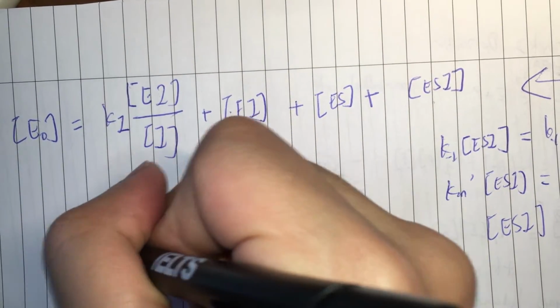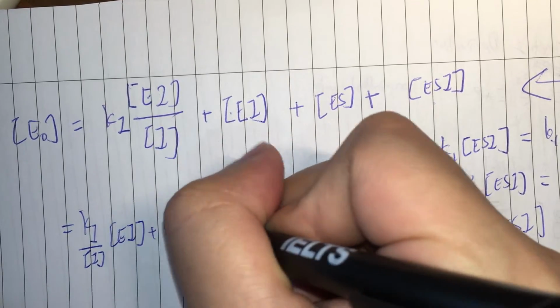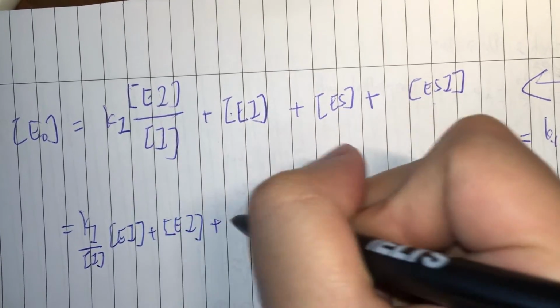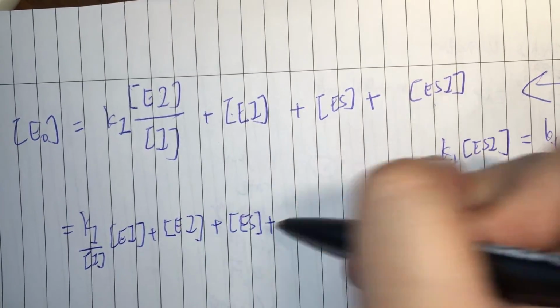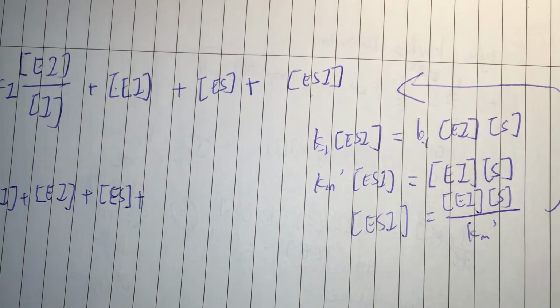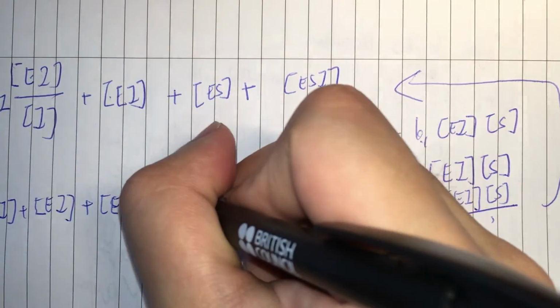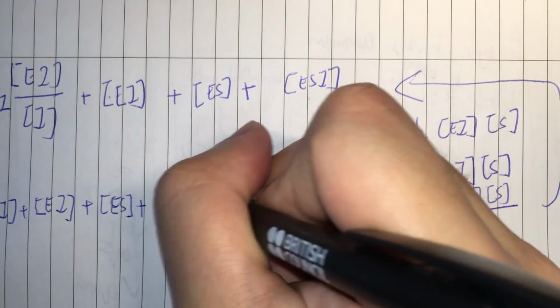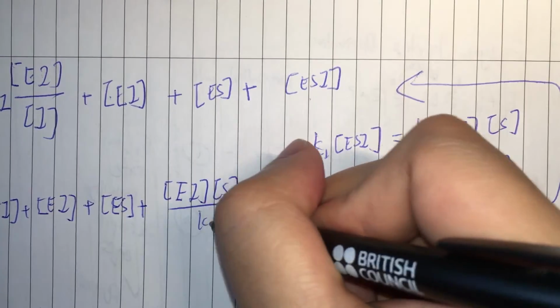So I have Ki over I times EI plus EI plus ES plus EI times S over Km prime.